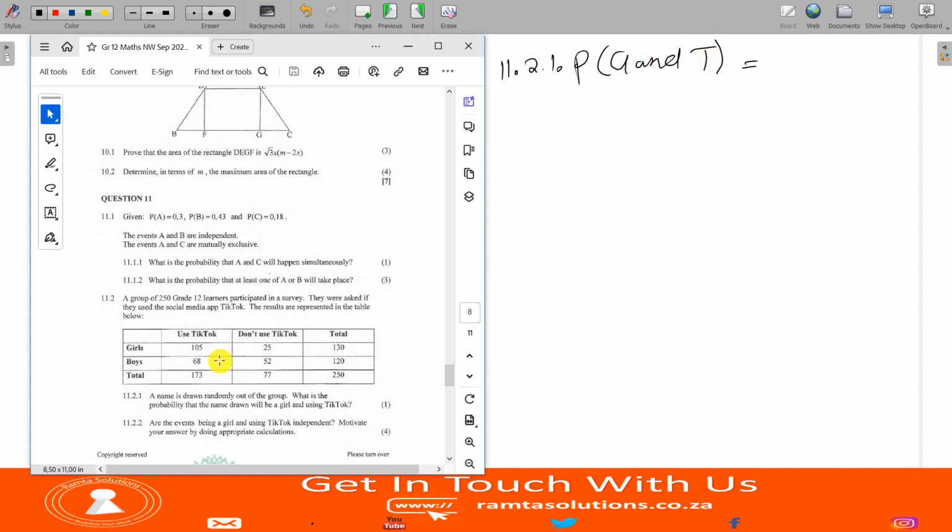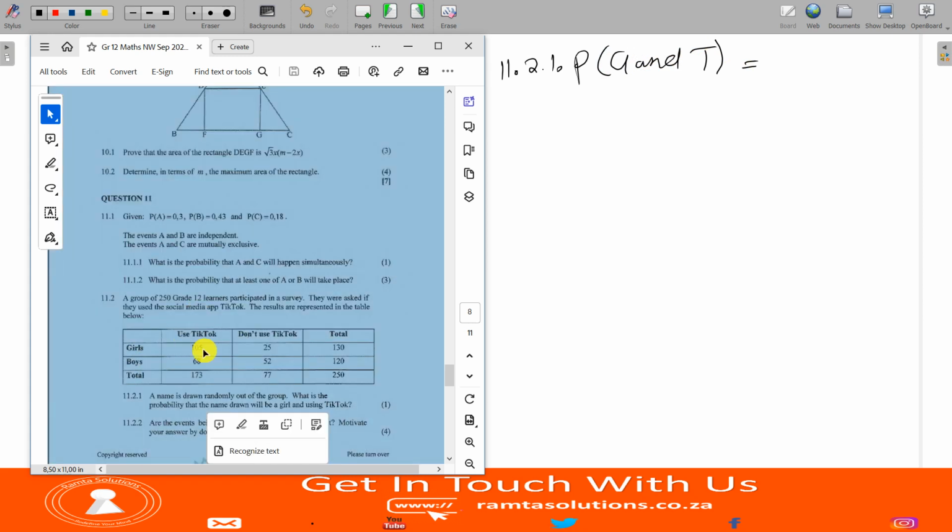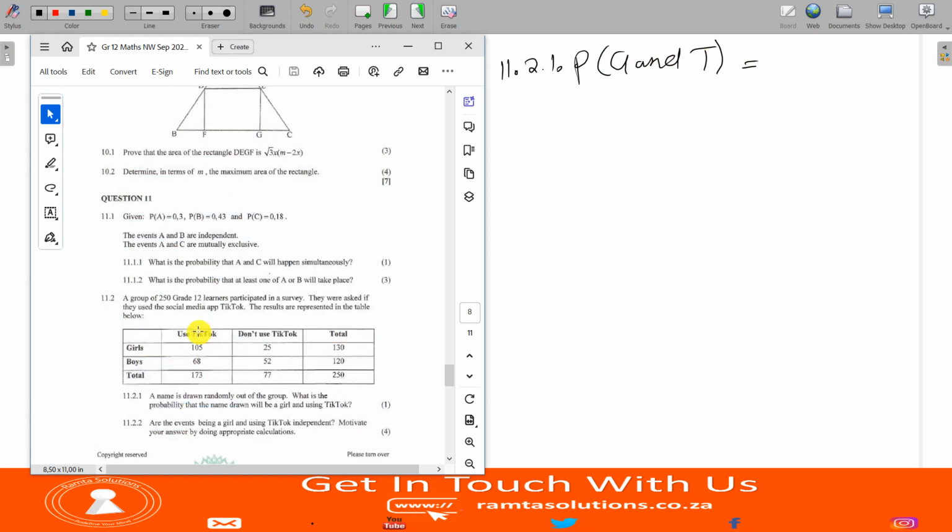We go to girls, and here you are a girl and we go to TikTok. So it's 105 over the total of the learners, which was 250.